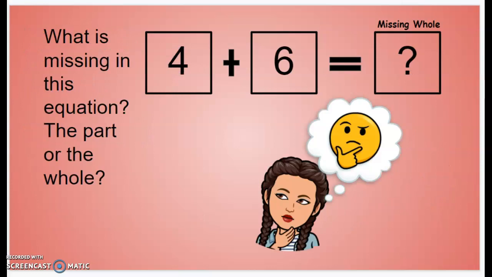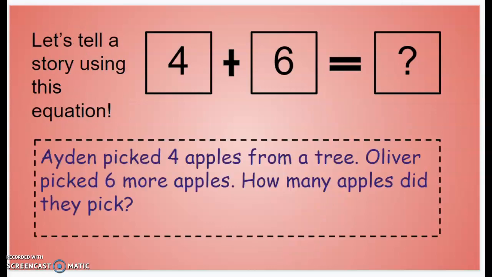What is missing in this equation? Is it the part or the whole? Yeah, of course, if you said the whole, you are correct. Let's tell a story using this equation.